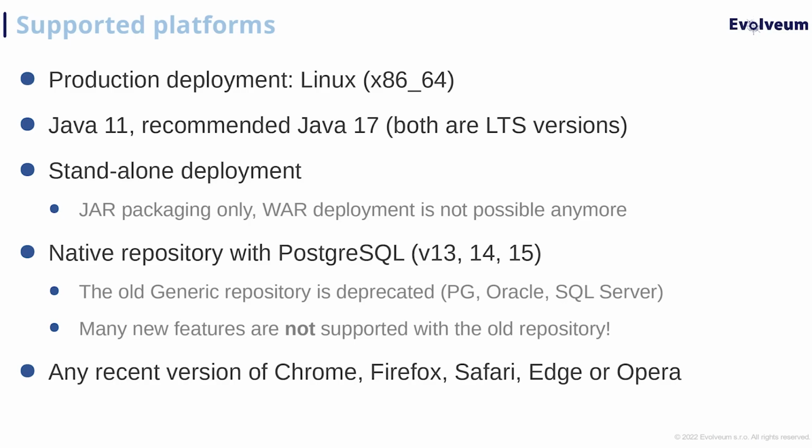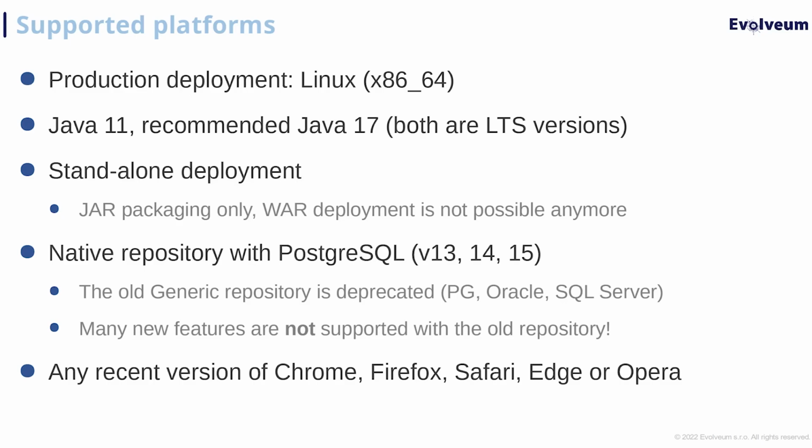The standalone deployment we have recommended for a long time, and in 4.5 we completely dropped support for the Tomcat deployment, so it was not supported anymore, and now it's not even possible because war packaging was changed to jar packaging. We'll look at it on the next slide in a little more detail.